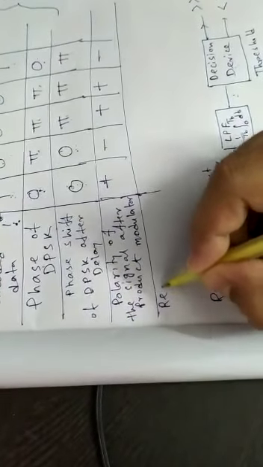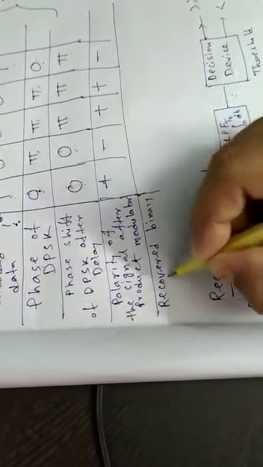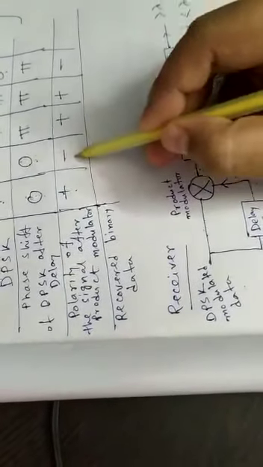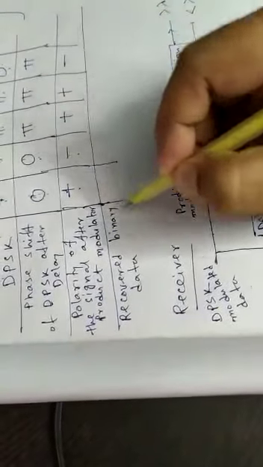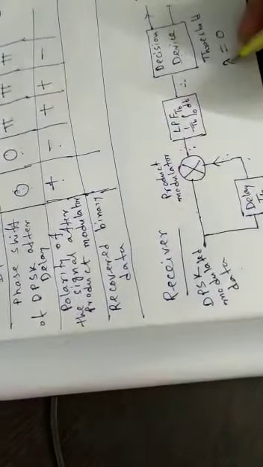So then you have a recovered binary data. If it is positive, that means here you get Ac square by 2. If it is negative, that means here you get minus Ac square by 2. So at the decision device, the threshold is 0.